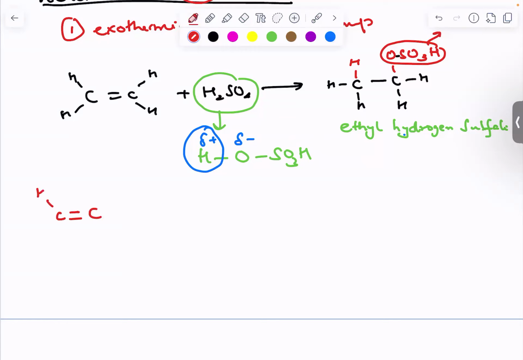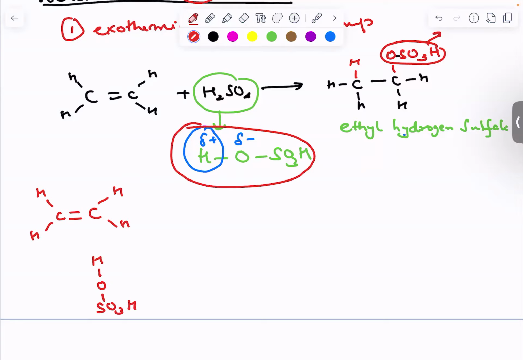So H, and H. Now I will write this vertically down here. HOSO3H. Now this is partial positive, this is partial negative. So definitely the pi electron will be given to this hydrogen atom. In the meanwhile, this bond would be broken.